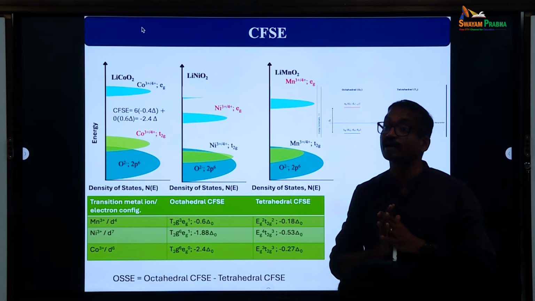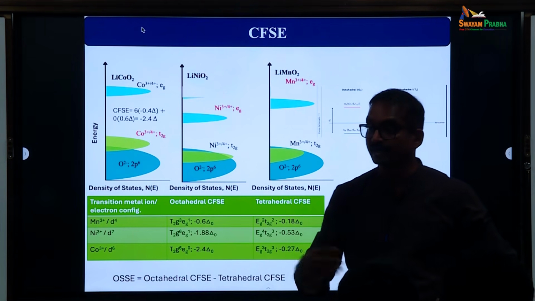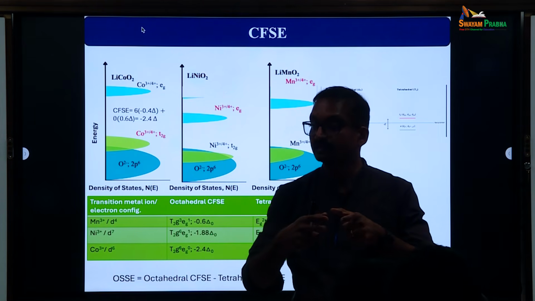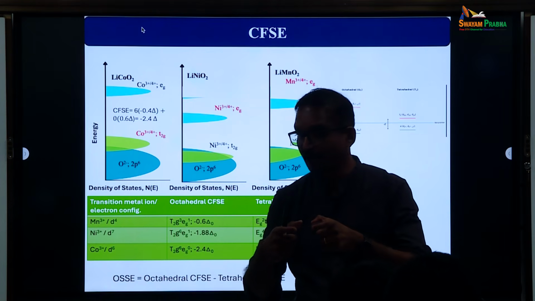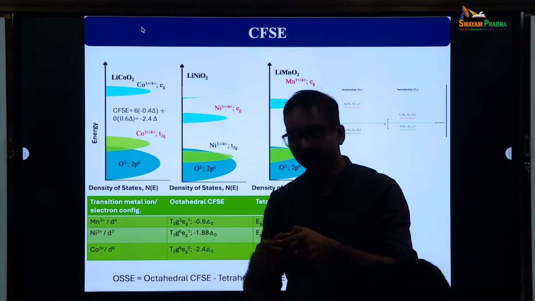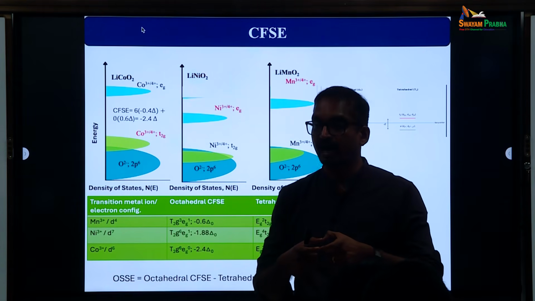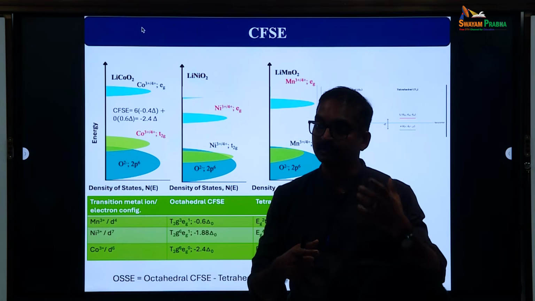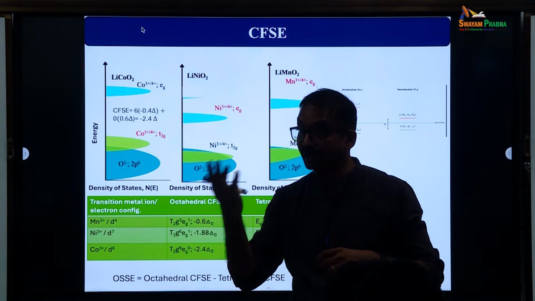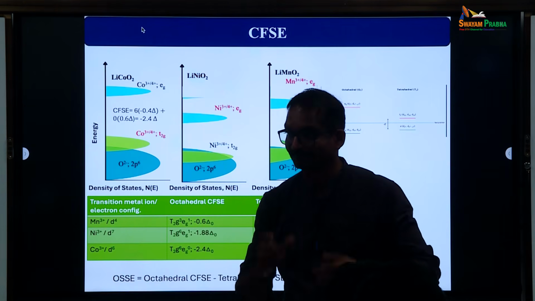In one framework, manganese and lithium are in the octahedra, and that octahedra is sharing the edge. Imagine another structure where manganese is present in octahedra, lithium is present in tetrahedra, and the tetrahedra and octahedra are sharing the corner.